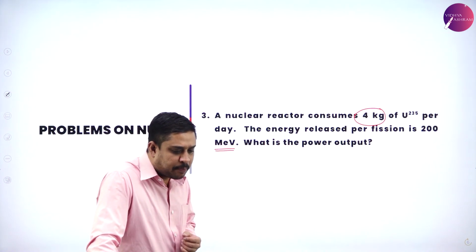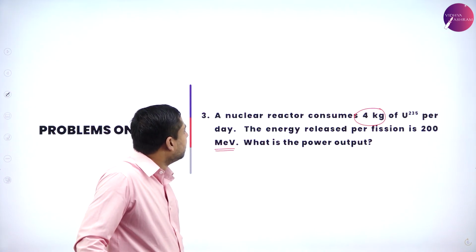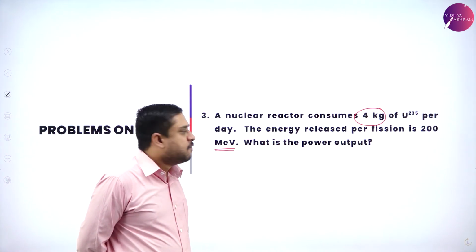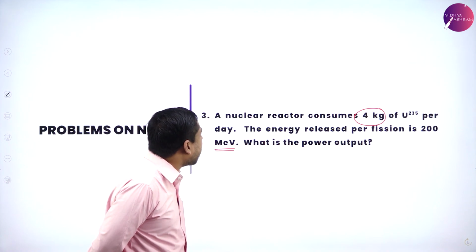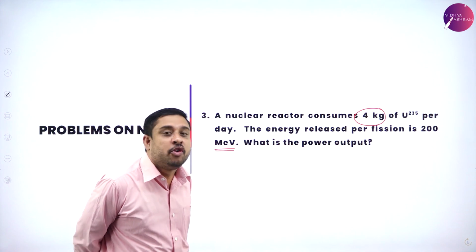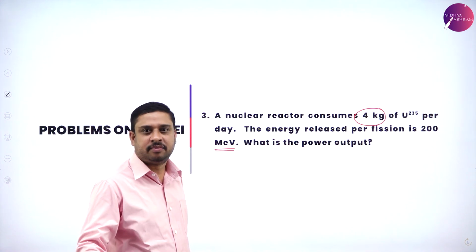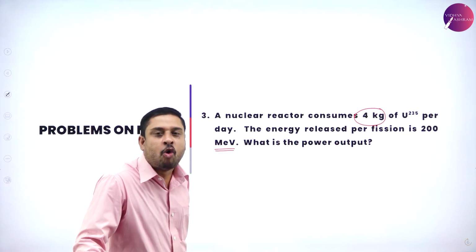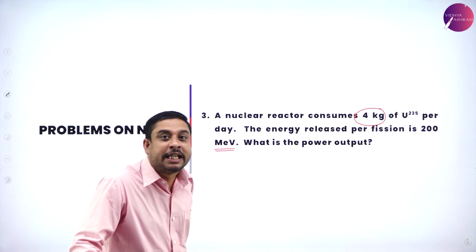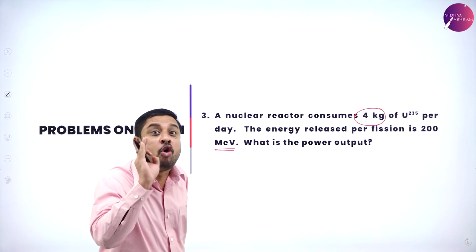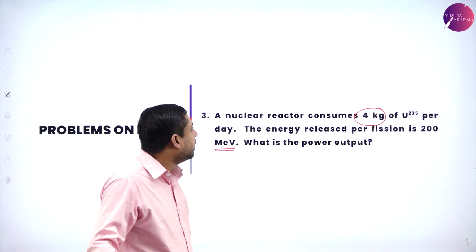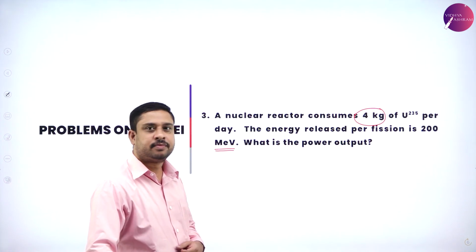Now, the problem says there is a nuclear reactor which is consuming 4 kg of uranium-235, or 4,000 grams of uranium-235 per day.